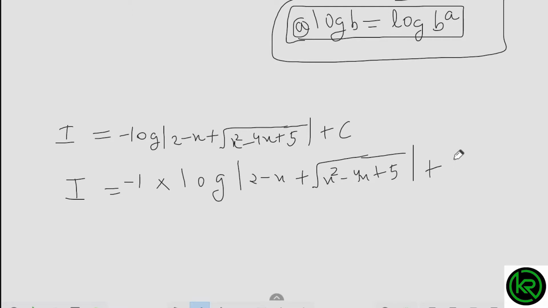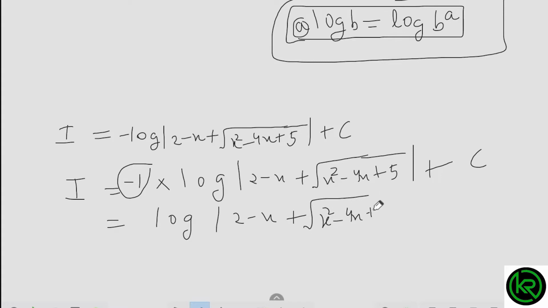Okay, so this minus 1 is a here, so it will become the power of the log. We will get our answer 2 minus x plus under root x square minus 4x plus 5. And we can make it more simplified.